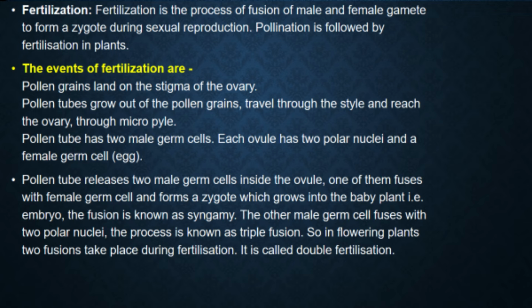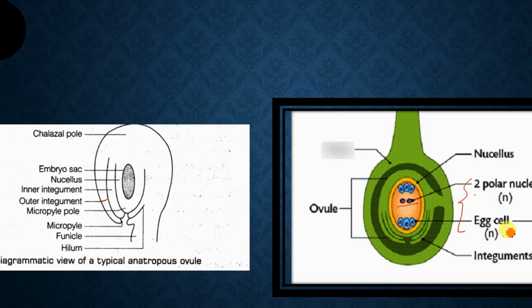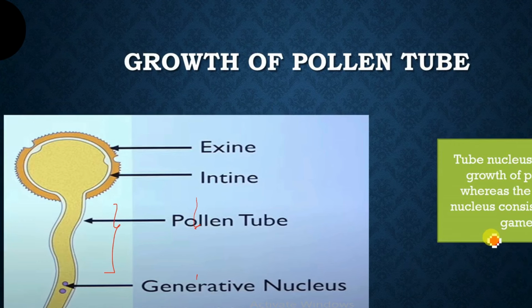The pollen tube, as we have already seen, has two male germ cells. The ovule has two polar nuclei and a female germ cell, that is the egg cell, and in the male we have two generative nuclei, that is the male gametes.